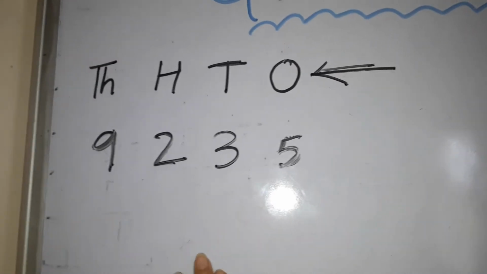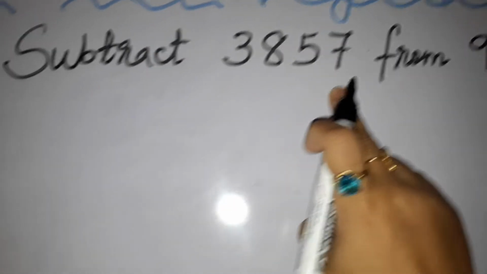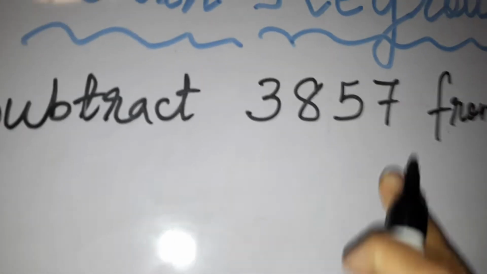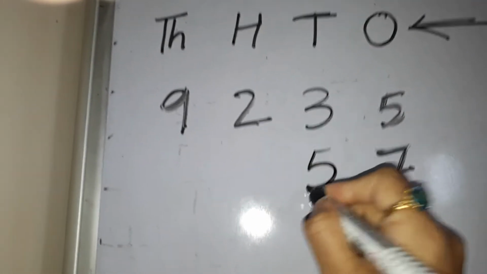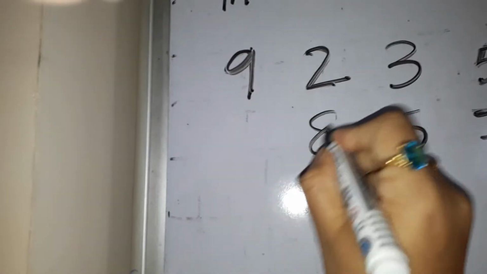Now below this number, I am going to write down the subtrahend. The first digit in the ones place is 7, so I will write 7 below 5 in the ones period. Then 5 below 3 in the tens period. Then 8 below 2 in the hundreds period.